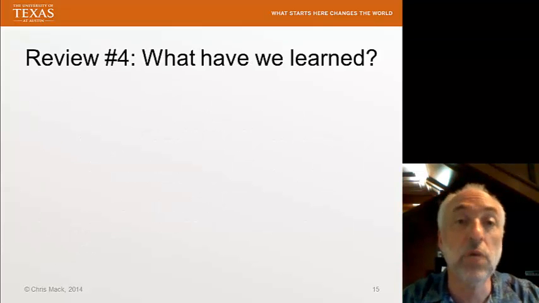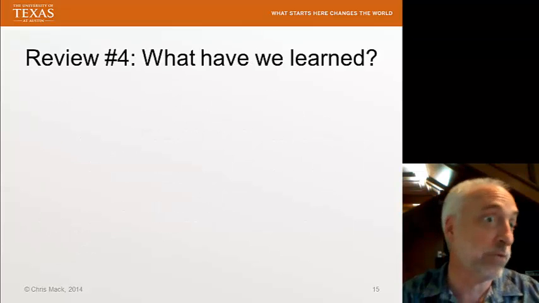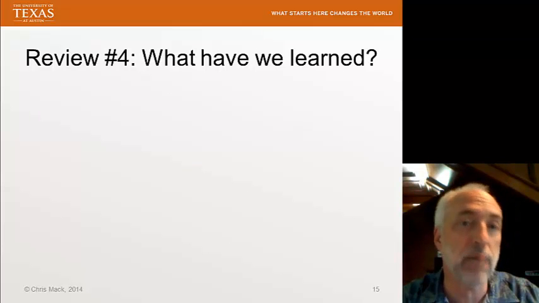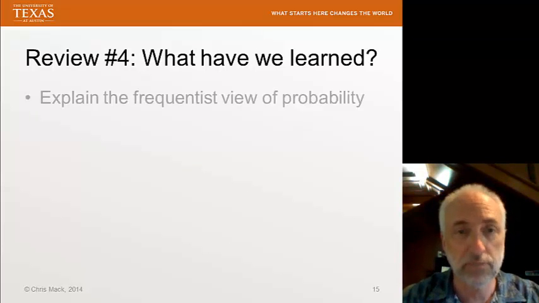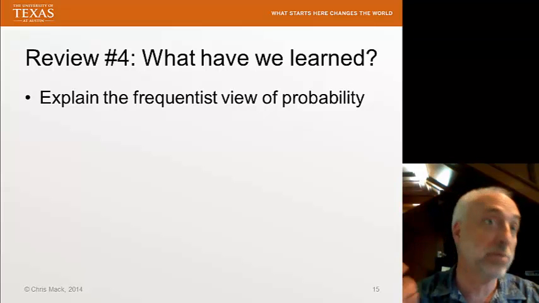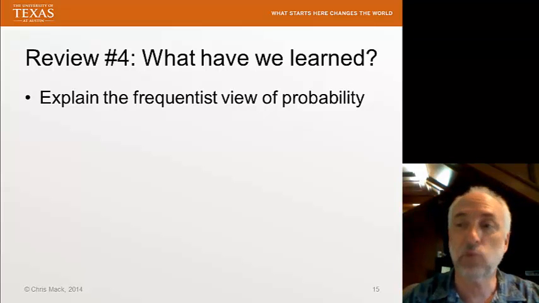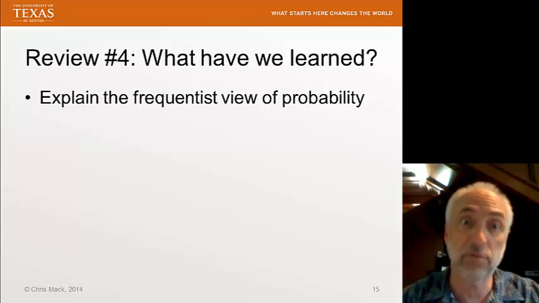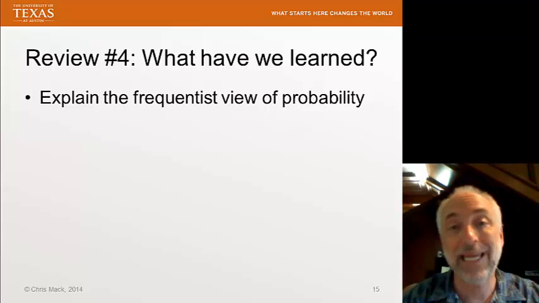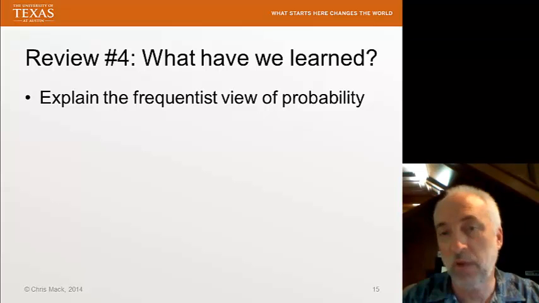So let's review. What have we learned so far in the first of our 3 lectures on the topic of probability? As always, you should be able to quickly and easily answer these questions. If not, you should probably go back and review some of the material. Explain the frequentist view of probability.